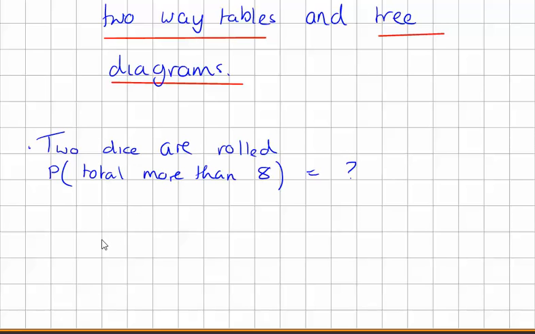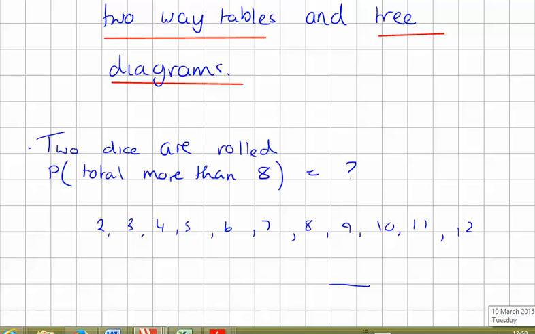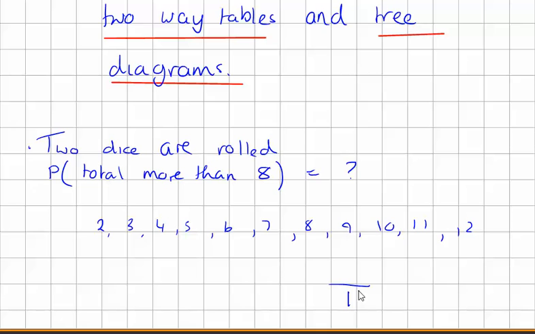So I can get a 2, a 3, a 4, a 5, a 6, 7, 8, 9, 10, 11 and 12. That would make the total number of outcomes 11, yeah? What would you say? So, 11.